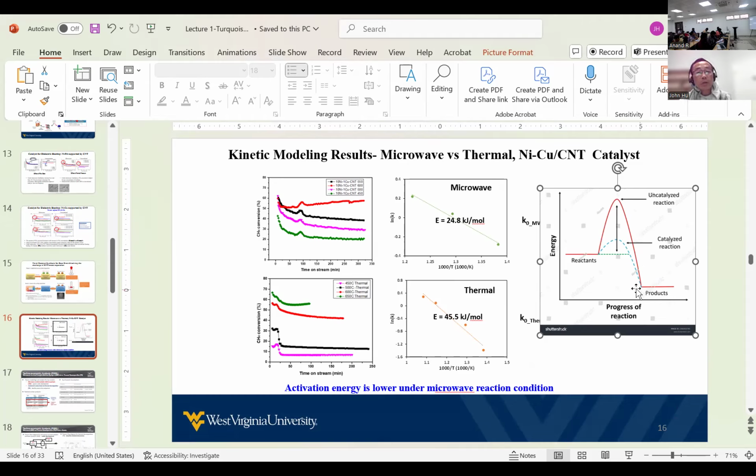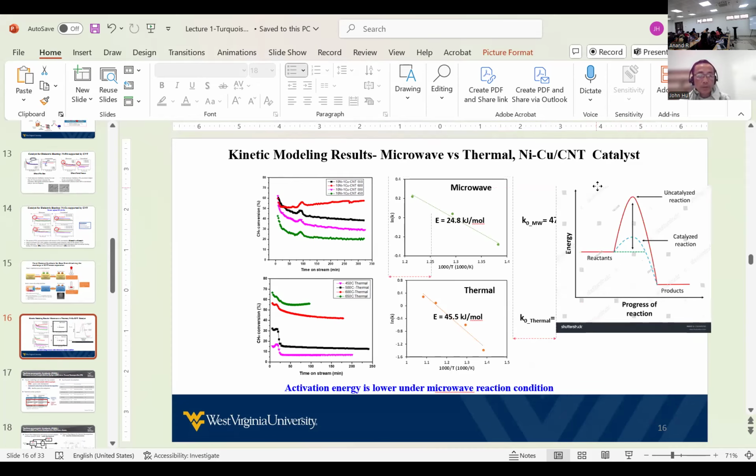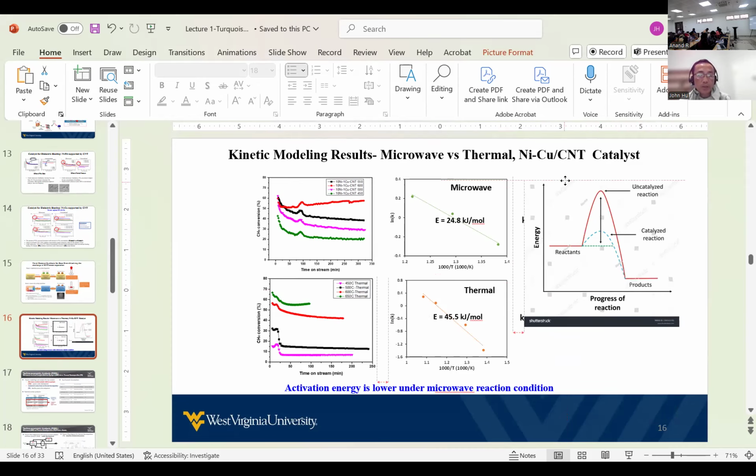Now with the microwave, we further reduce this activation energy. There's a way to calculate activation energy, which tells how high the activation energy is. This is the theory behind it. Activation energy dictates how easy or how difficult it is to go in the reaction direction.